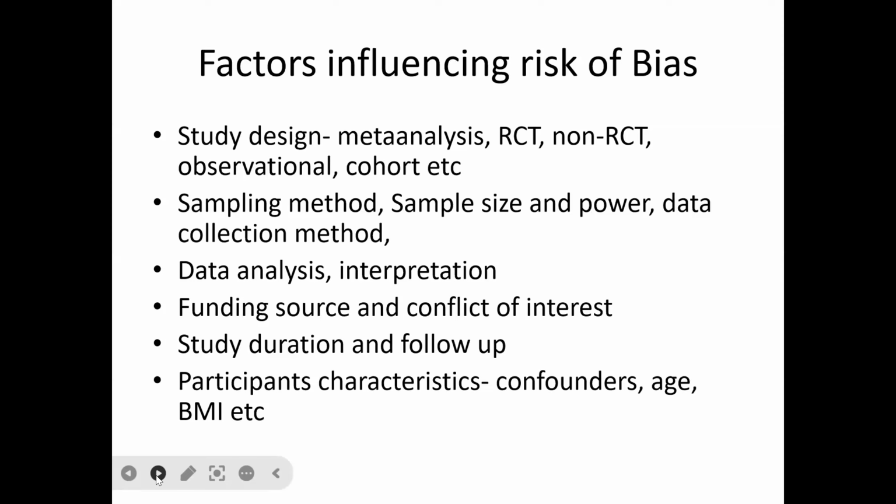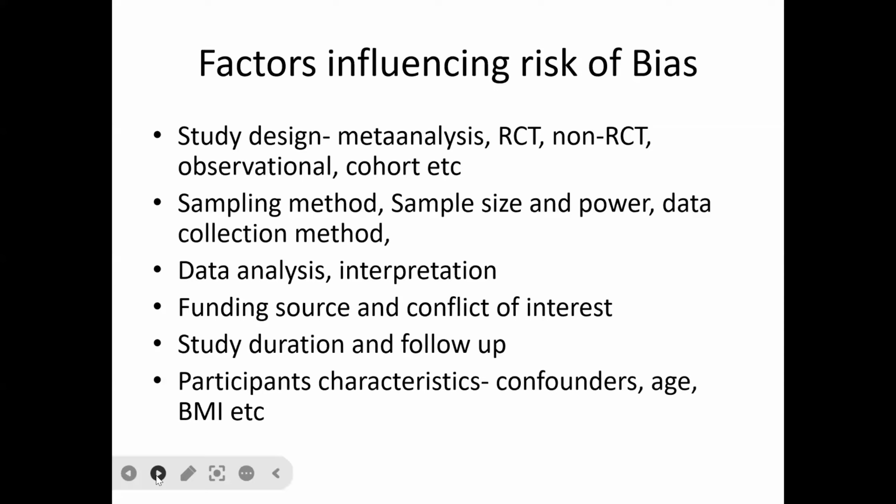Factors which influence the risk of bias are the study design. First of all, whether it is a meta-analysis, an RCT, a non-RCT, an observational study, a cohort study, etc. The tools also vary according to the type of study. Then the sampling method. How did you sample, like randomization and all that?